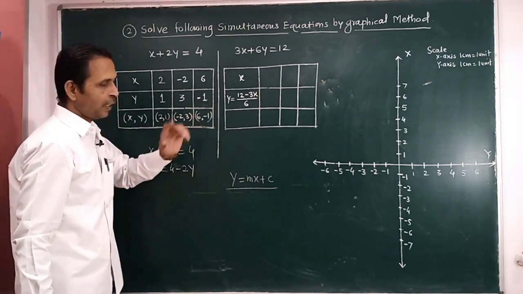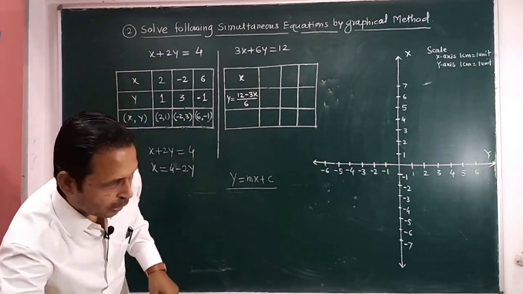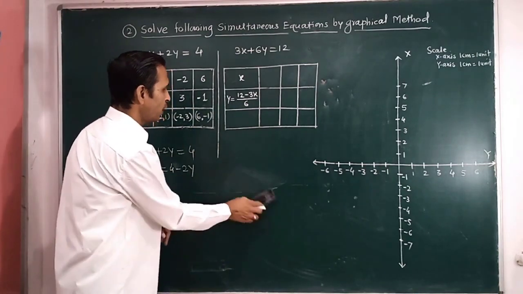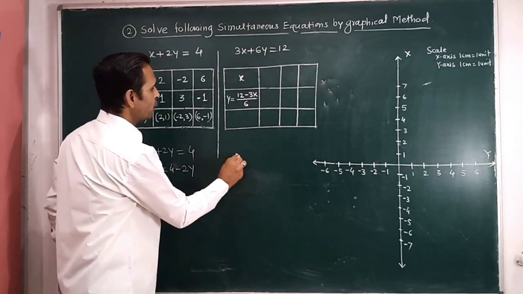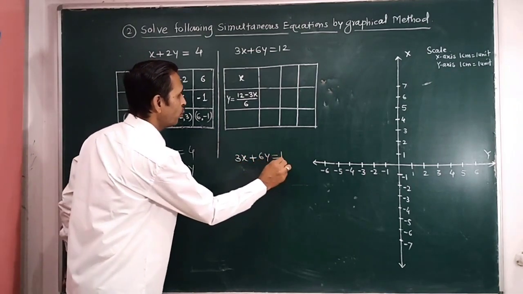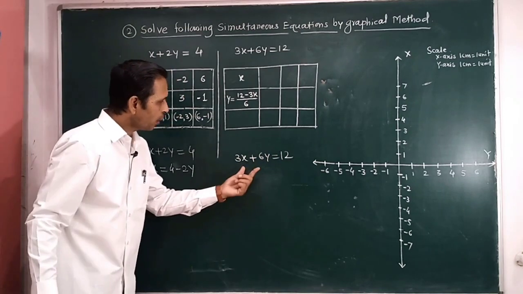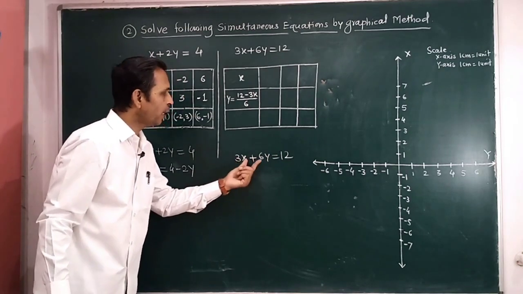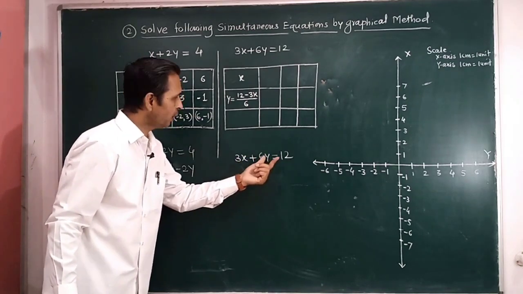Now let us find the values of x and y in the other equation, 3x + 6y = 12. Here the coefficient of x is 3 and the coefficient of y is 6.